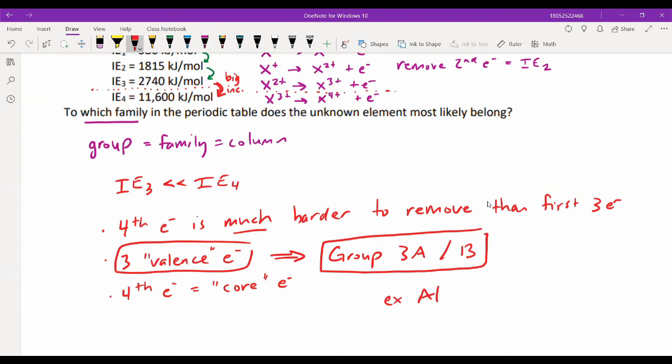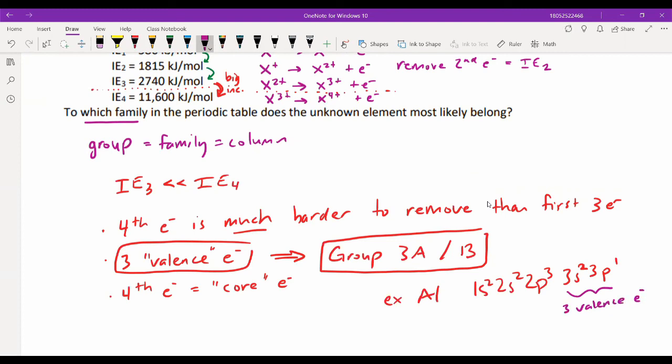So if you look at aluminum, the configuration is like this. The outermost electrons, these valence ones here, would be easier to remove, right? So there's 3 of these.